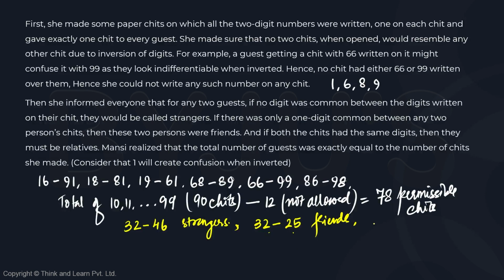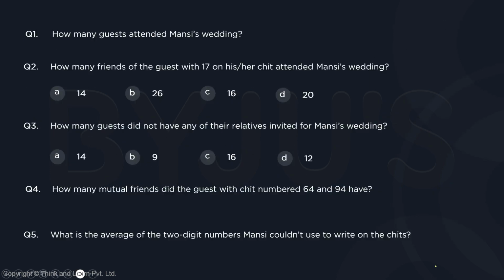And 32 and 23 are going to be relatives because both the digits are the same. So having understood the basics of what kind of chit numbers will result in a stranger, friend or relatives out of those 78 chits only, we can now proceed solving the questions.